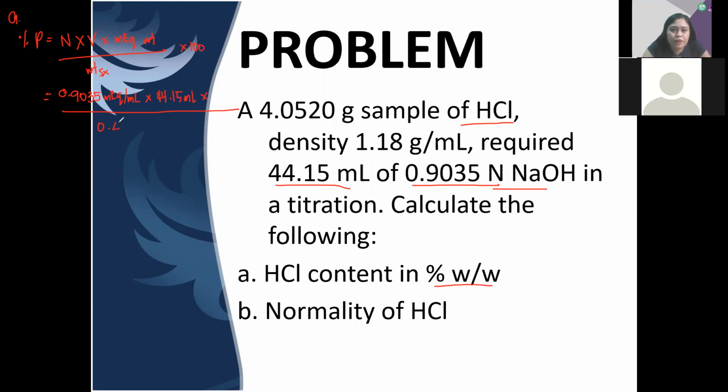That's 4.0520 grams. Again, we will be looking for the milli-equivalent weight. Class, kung ano yung sample, yun yung hahanapan natin ng milli-equivalent weight ha. So our sample is hydrochloric acid.